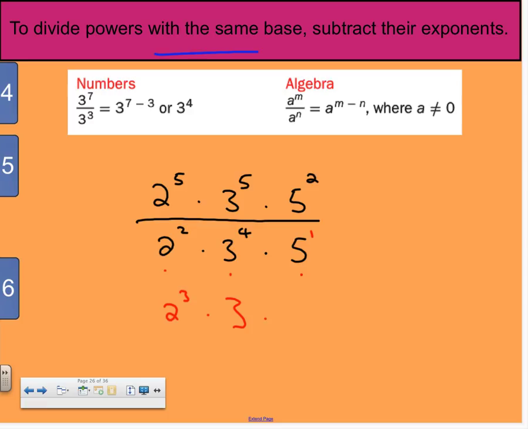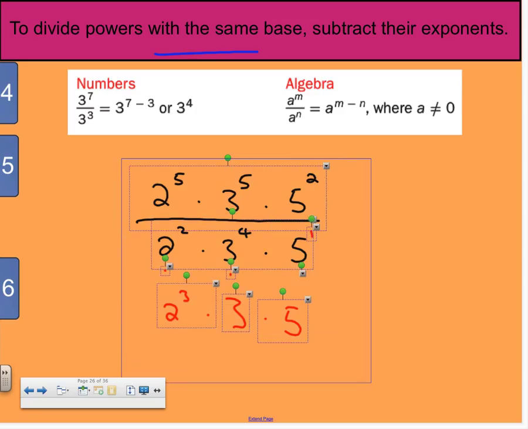So once again, I can write this as 5 to the 1st power, or just 5. So our answer in that situation is 2 to the 3rd times 3, or 3 to the 1st, times 5. And then if you want to actually solve that, you can go ahead and do that, no problem. All right, let's do one more example like that because those are a little bit more complicated.